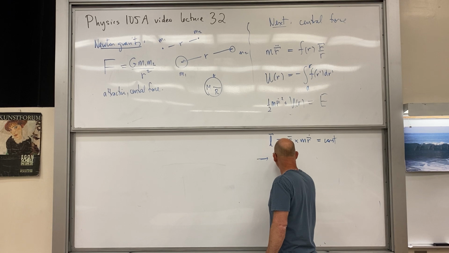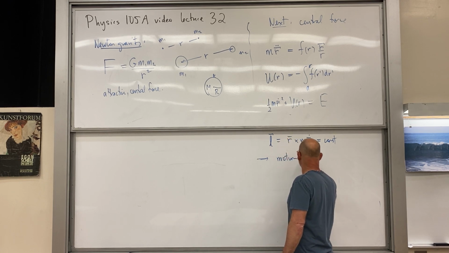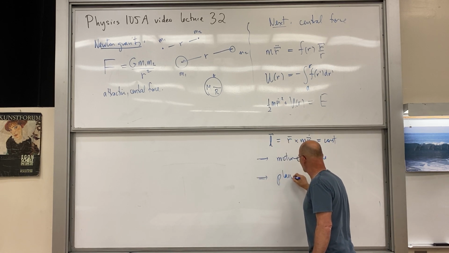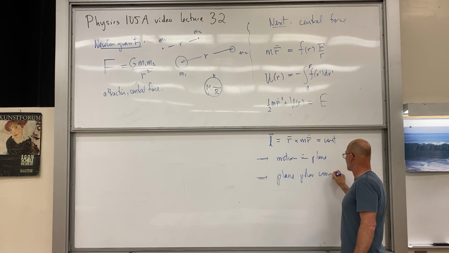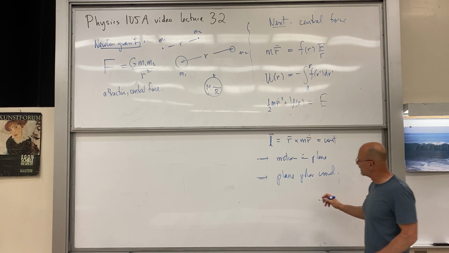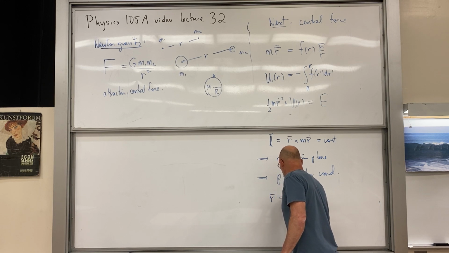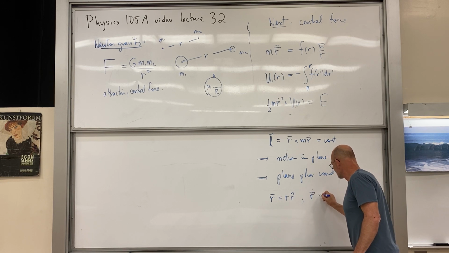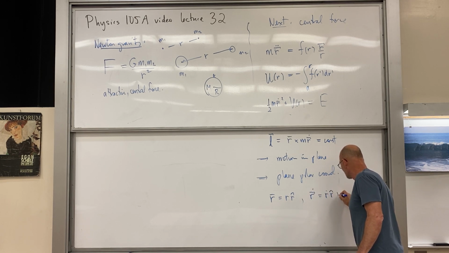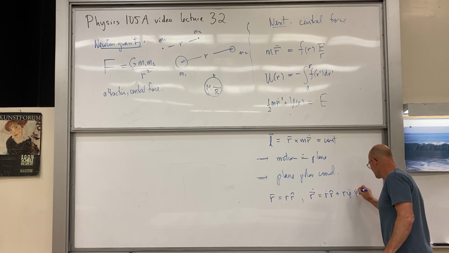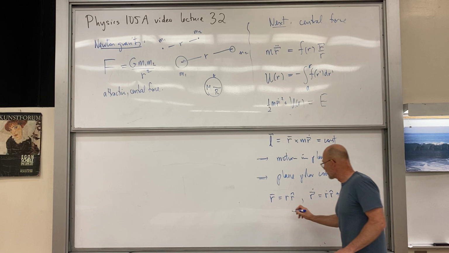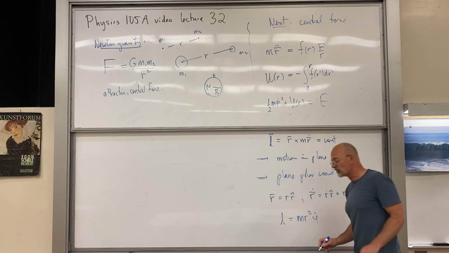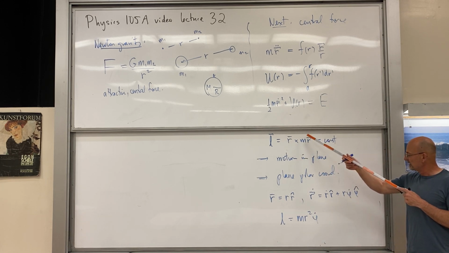Having those, we found our vector r dot is r dot times r hat plus r phi dot times phi hat, and our magnitude L was m r squared phi dot.